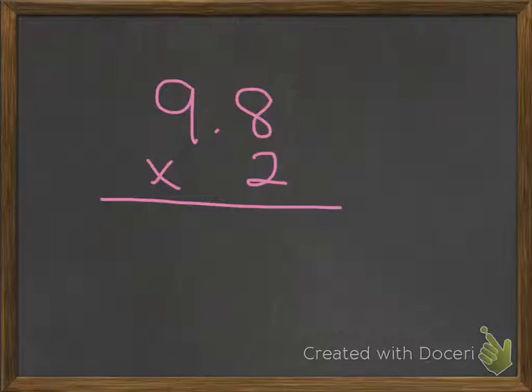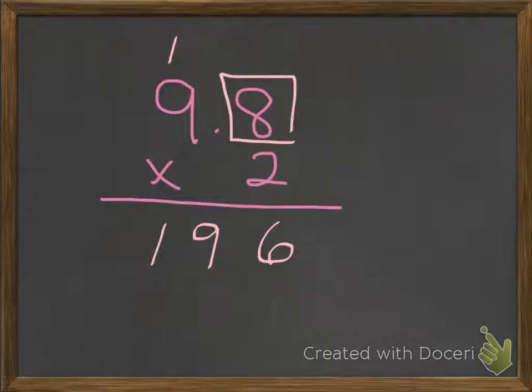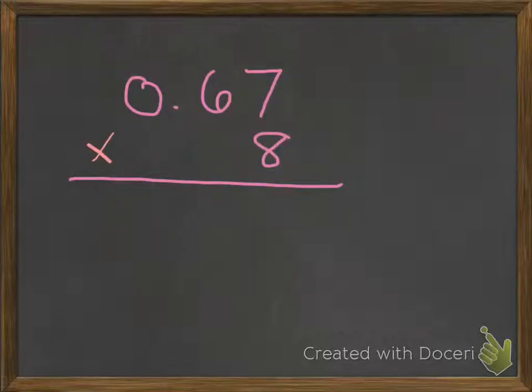Let's try this problem. 9.8 times 2. We just go ahead and multiply. 2 times 8 is 16. Carry the 1. 2 times 9 is 18, plus 1 more is 19. Count how many digits are after the decimal point. There's 1, so we put the decimal point in there. We get 19.6. So this should feel pretty easy by now. 0.67 times 8.